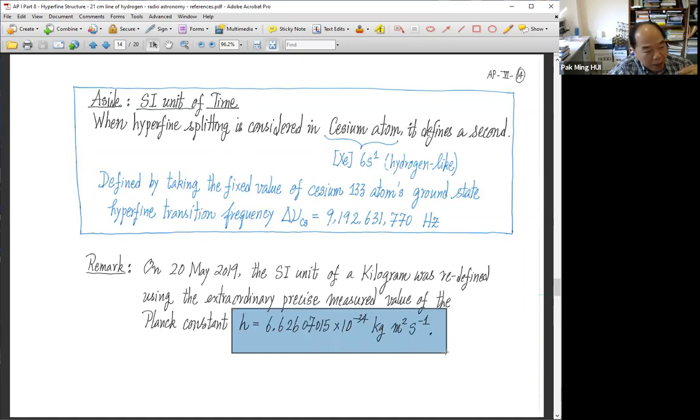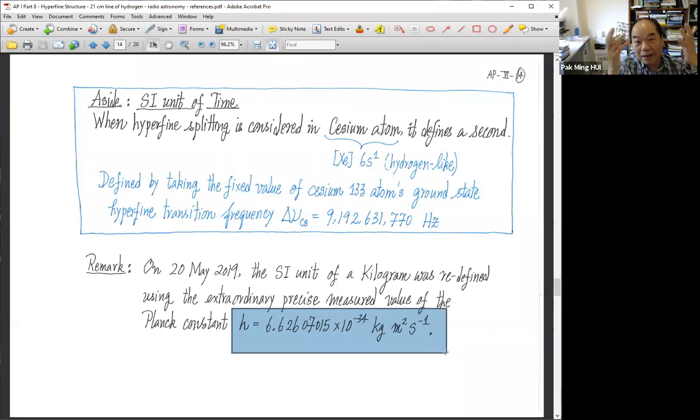You go to the supermarket to buy bananas, anything, and suddenly it is quantum defined. You need the Planck constant to define the kilogram. Of course, in daily life, nobody cares. I think very few people even know the kilogram has been redefined rather recently, less than 2 years ago, okay? The reason is that now h has been repeatedly measured up to a required accuracy.